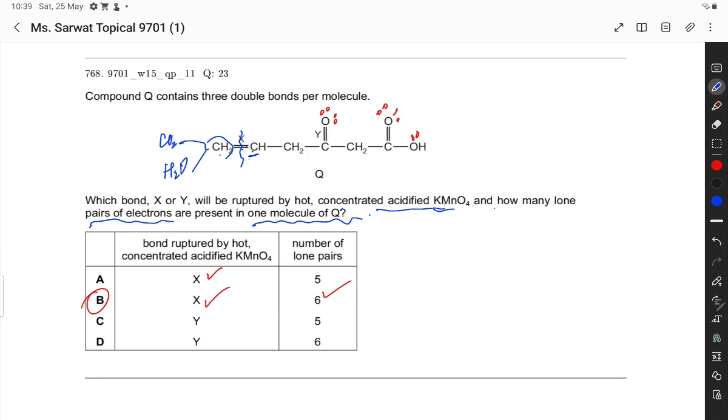So this is ruptured by hot acidified potassium manganate, and oxygen has two lone pairs over here, and 2 lone pairs with this oxygen atom, and 2 lone pairs with this oxygen atom.